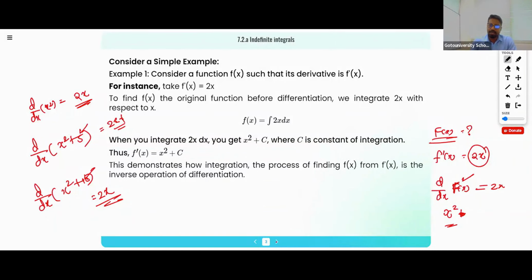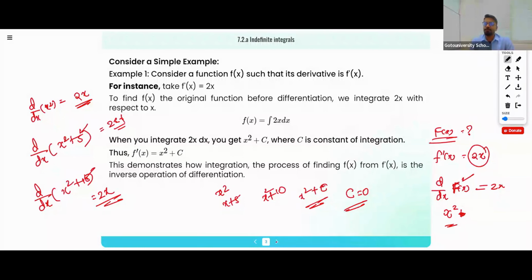That is why I am not sure whether it is x square, x square plus 5, x square plus 10, or x square plus some constant, whatever it is. We will not be able to determine that constant. That constant can be 0 also, it can be anything.